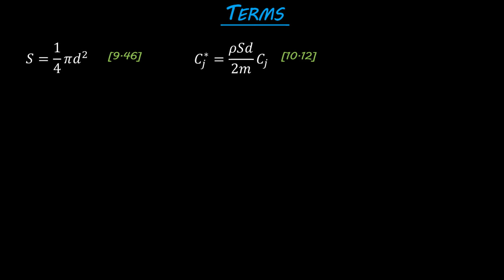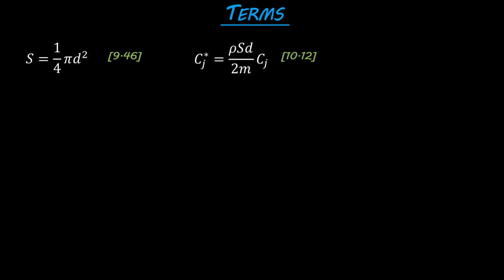Now, we're going to start out by defining some terms mathematically that we're going to use in our equations later. The first one is a reference area for our projectile based on its diameter. We also are going to start introducing these starred coefficients.